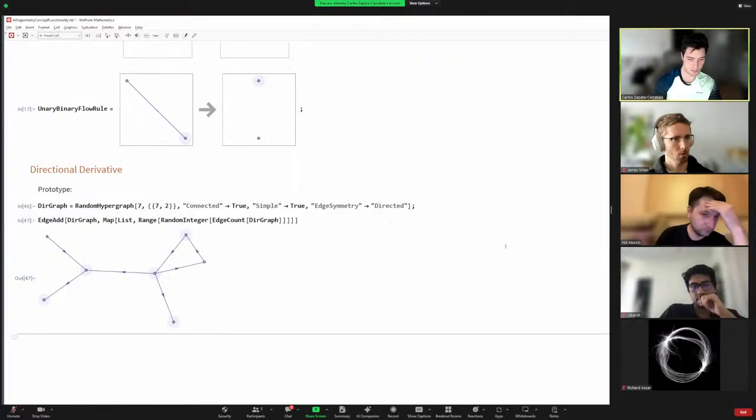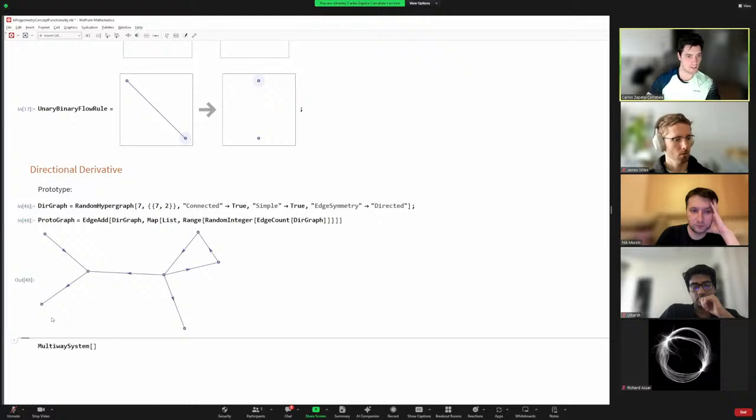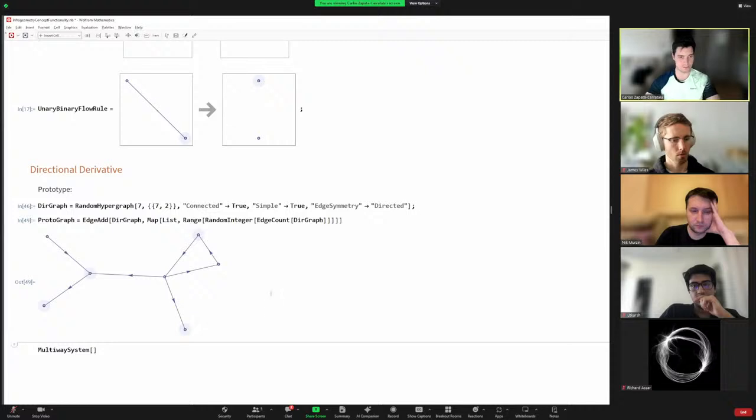I think multi-way system with rules first.